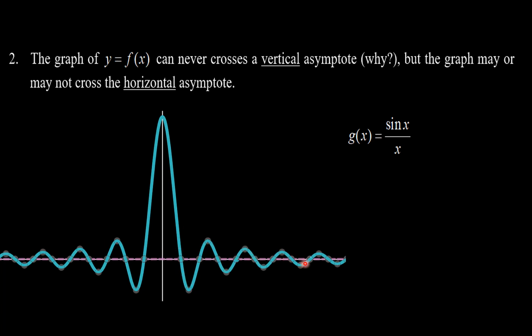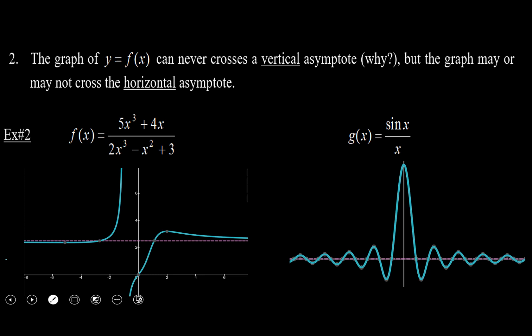It just kind of oscillates over and over again, but it's getting smaller and smaller with each oscillation. In this case, as x is approaching positive infinity, this function is approaching 0. And as x is approaching negative infinity, this function is also approaching 0.